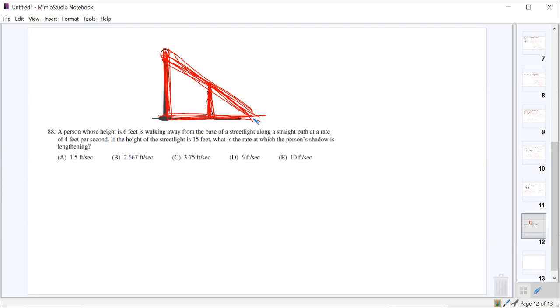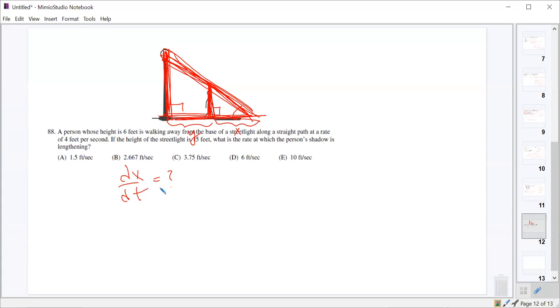What do we have here? We have two similar triangles, right angle, and they share that angle in common. We're interested in what rate this thing is changing. We'll call that x, and let's call this distance y. And so we want to know how x is changing.